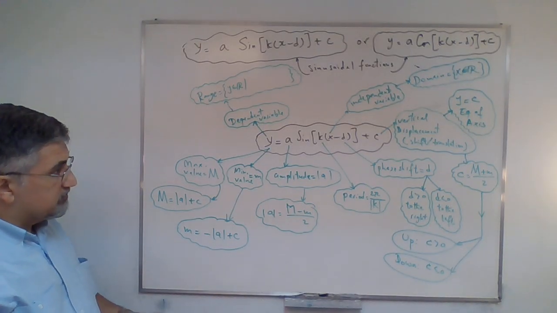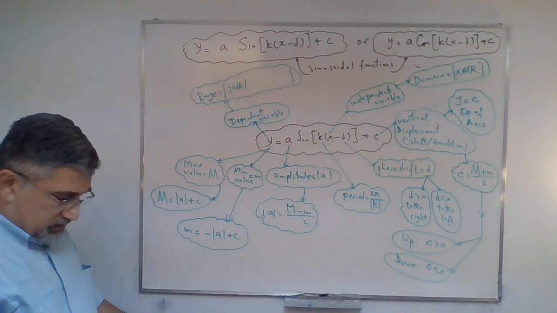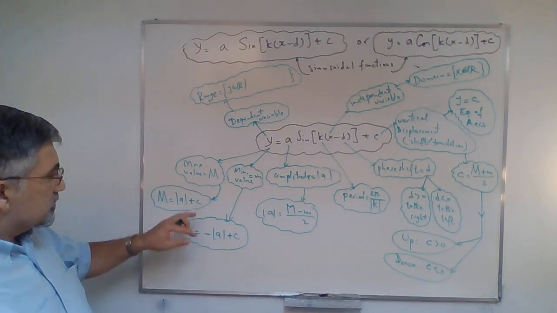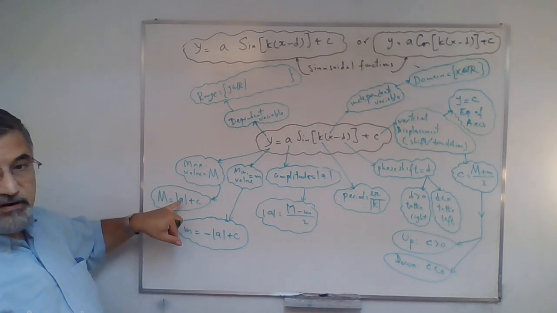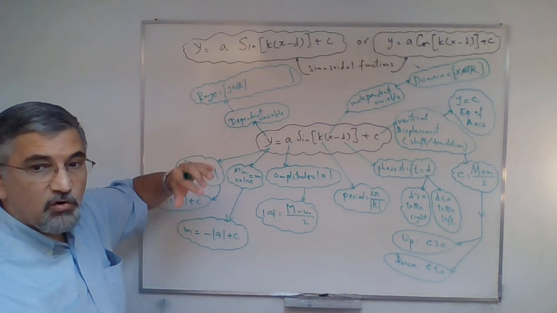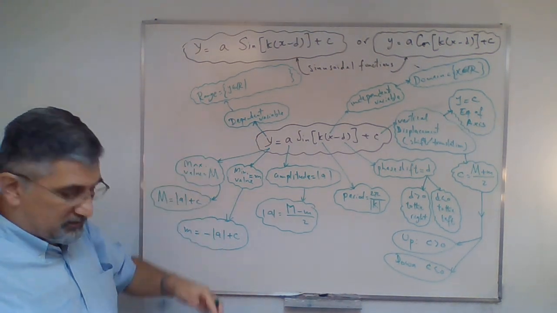Are there any formulas I missed here? I doubt it. Everything is explained. Oh yes, the range. So when we say max value is found by this formula, min value by this formula, that means the range of the function is always going to be between the max value and min value, right?